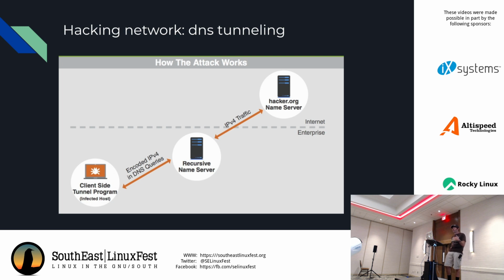So if your laptop got compromised and the laptop is contained inside the network, then this DNS tunnel can be used by a hacker, by a bad actor, to send information over. And it uses recursive name servers. So this request will travel from one name server to another until it hits hacker.org. So this is a powerful way.